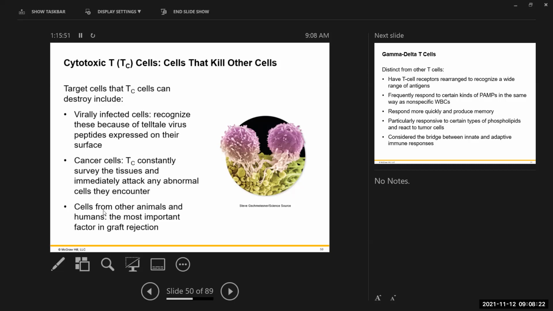Let's say we have a virally infected cell. Those viral proteins very often are going to be expressed in the endoplasmic reticulum. Guess what else is expressed in the endoplasmic reticulum? Class 1 major histocompatibility protein.